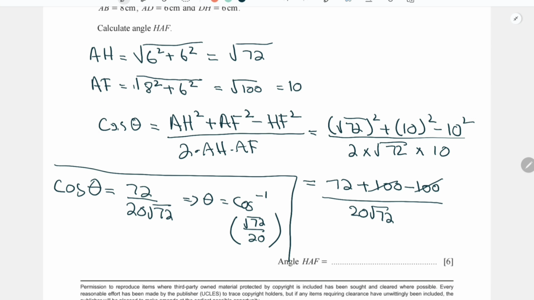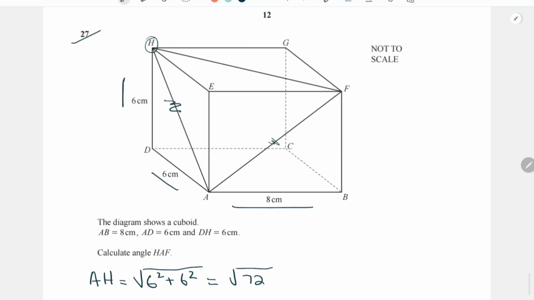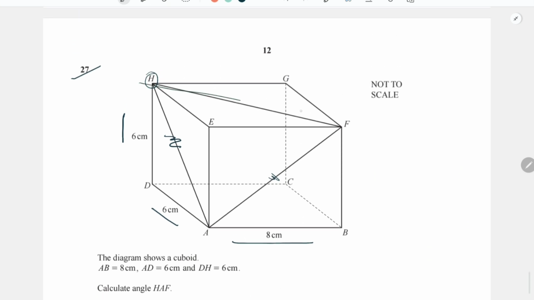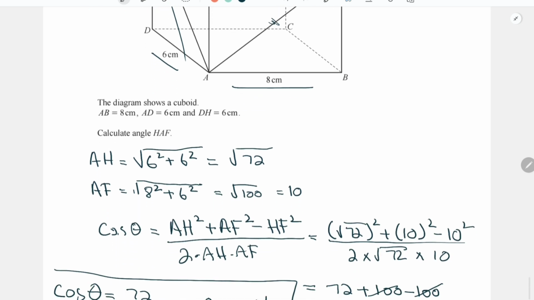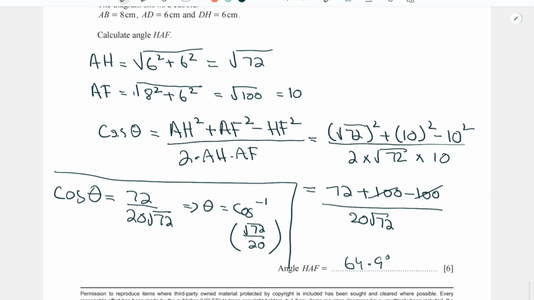Now we calculate the value of cos inverse. So we get theta equals 64.9 degree. So the angle HAF, means this angle HAF, will be 64.9 degree. Okay, I hope this one is clear.